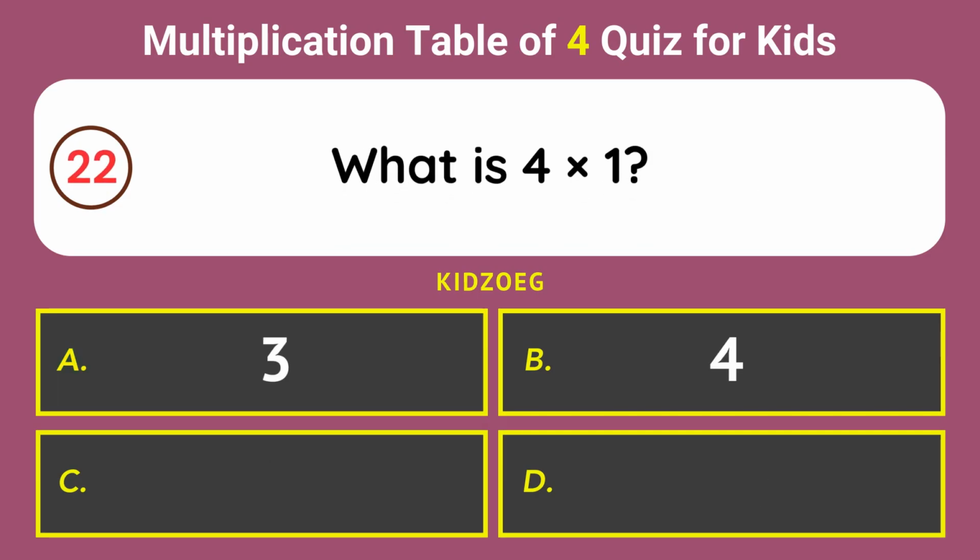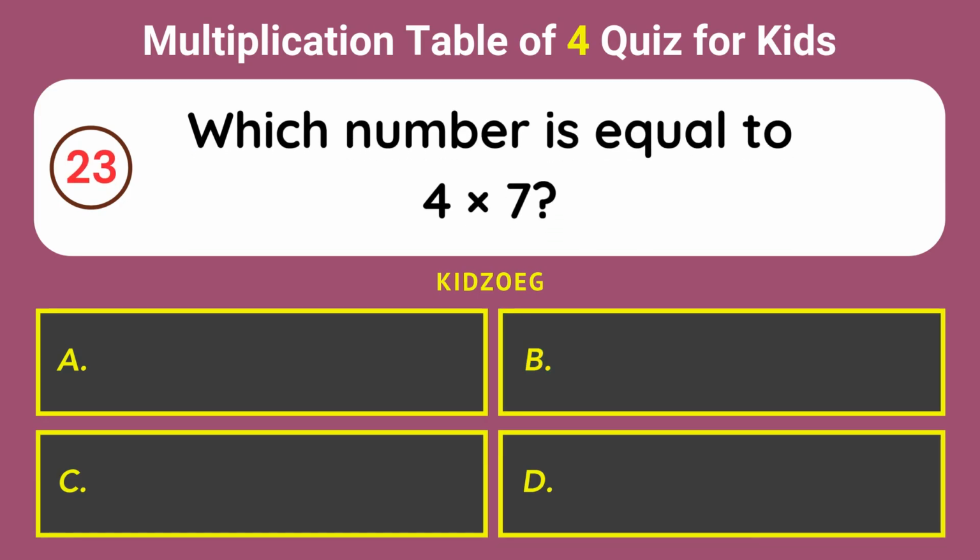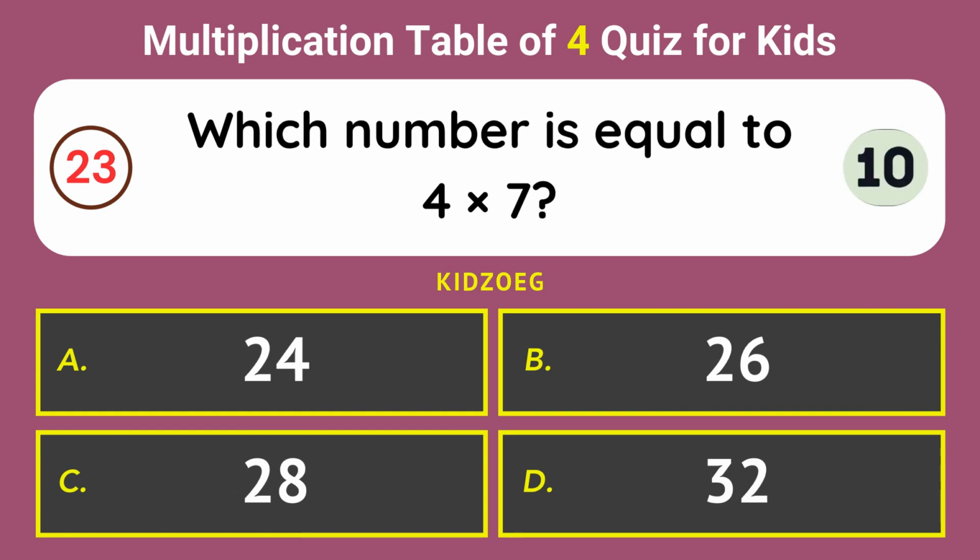What is 4 times 1? $4. Which number is equal to 4 times 7? $28.